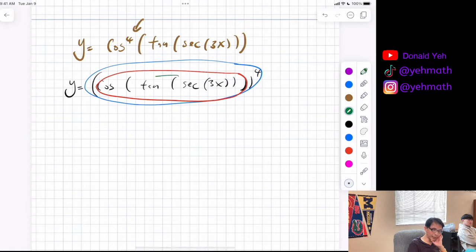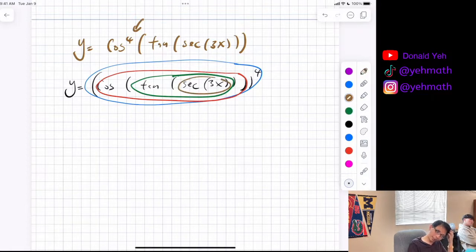The third one is like this, the fourth one is brown, and the last one is black. So there are 5 layers of this onion.